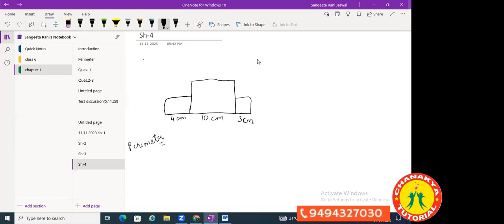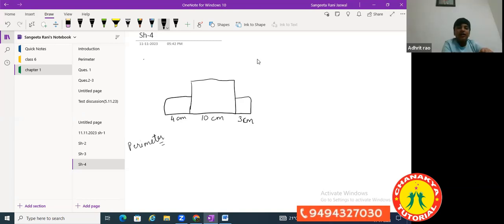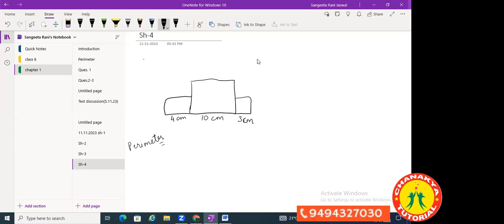Why? How come such variation in answers? I got 125 meters. Oh, all children are getting different answers. Teacher, because you have given squares. Ma'am, is it 61? I don't know. I'll check. Teacher, is it 67? The squares are 4, 10, 3.